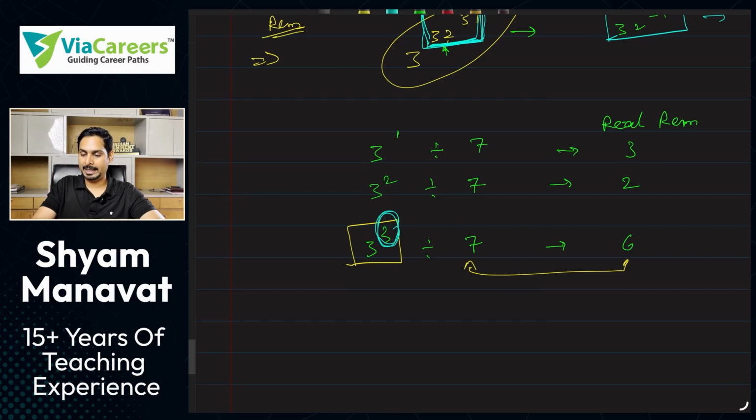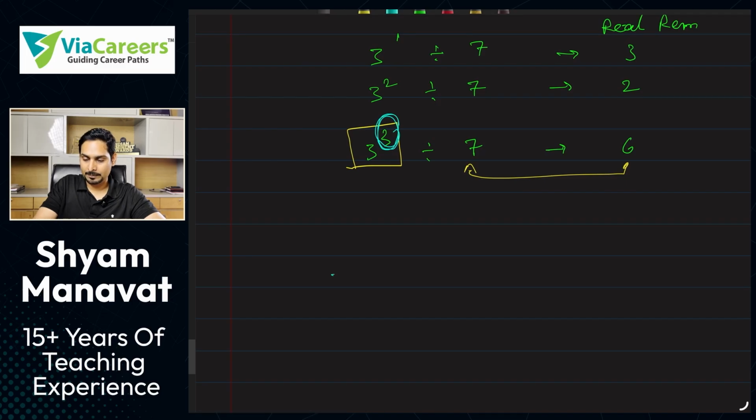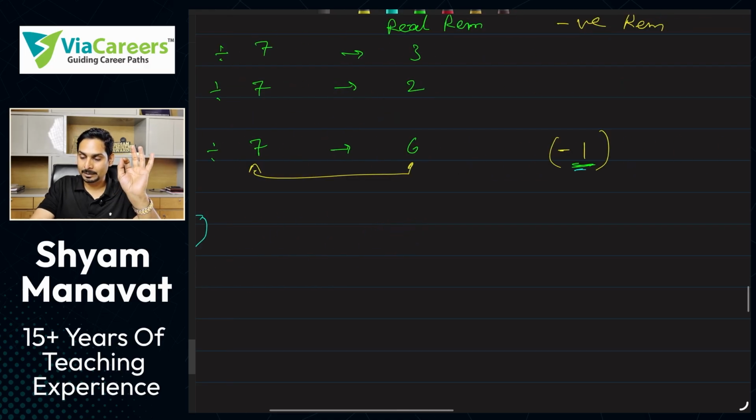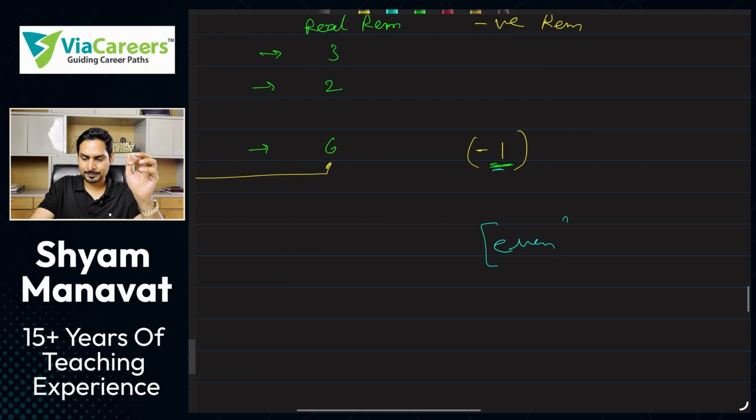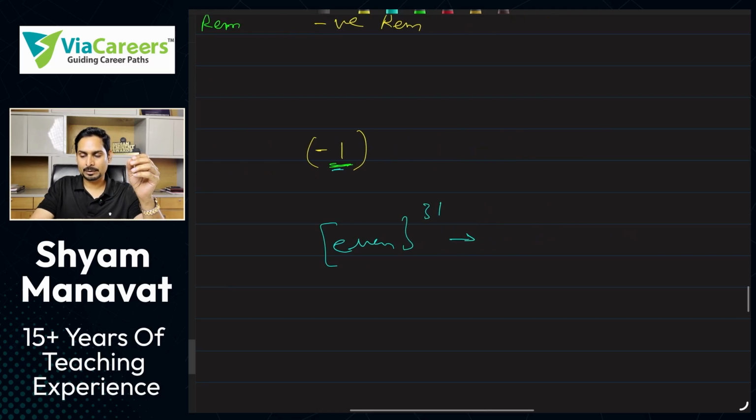So here I have 3 to the power 32 to the power 31. Can you not say that this is 32 to the power 32? Now 32 is an even number. An even number to the power of anything will give you an even number only.